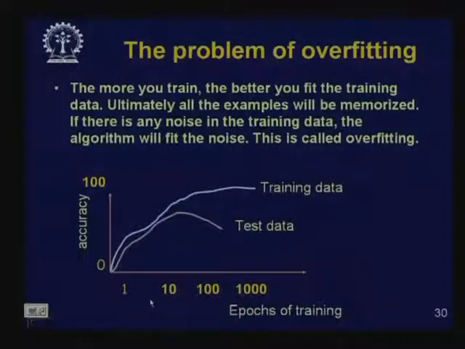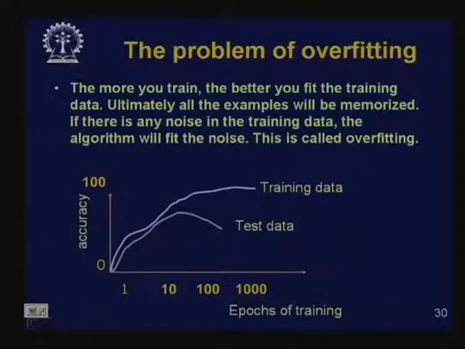And what is happening usually is that your algorithm is overfitting the data. It is fitting itself to all the idiosyncrasies in the training data, which makes it incapable of generalizing over unseen data. So, this phenomenon is called overfitting.